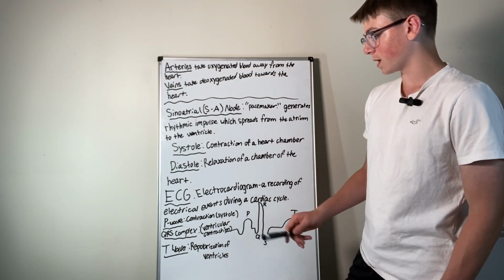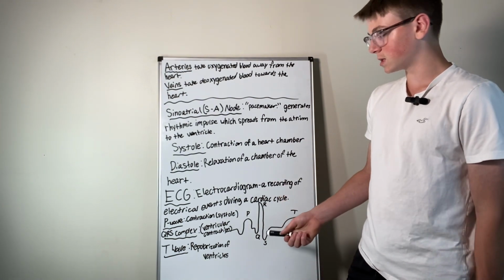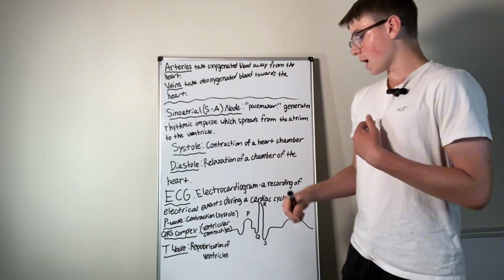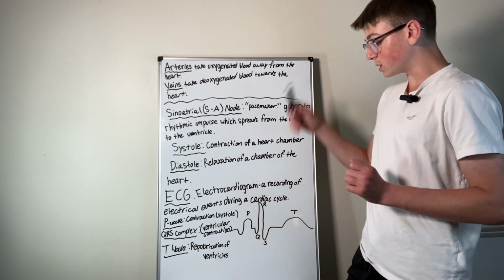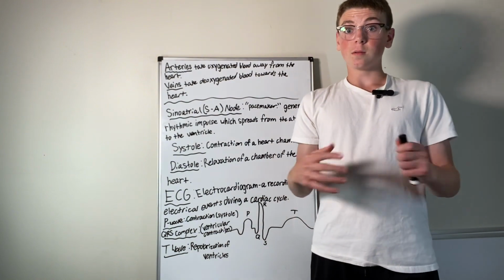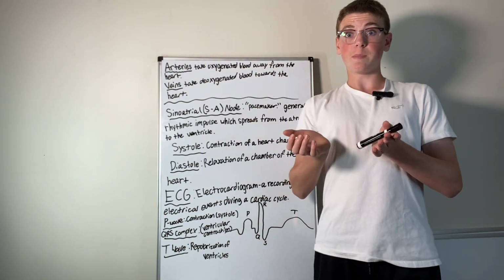The P wave is the electrical event that is the contraction, the systole, of the atrium. And then our QRS complex, after P goes down, then it shoots up and down to S.